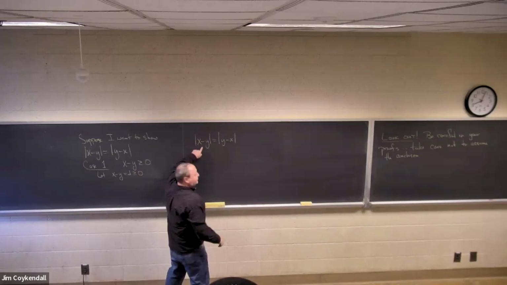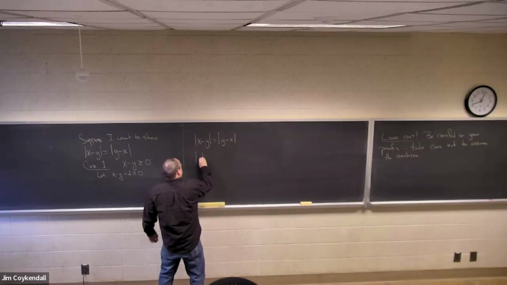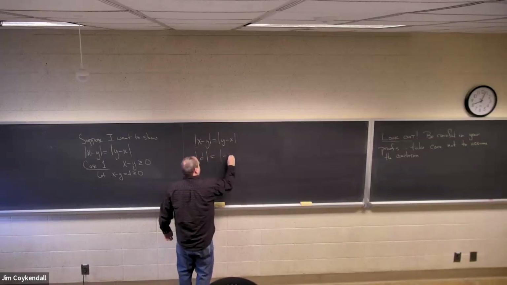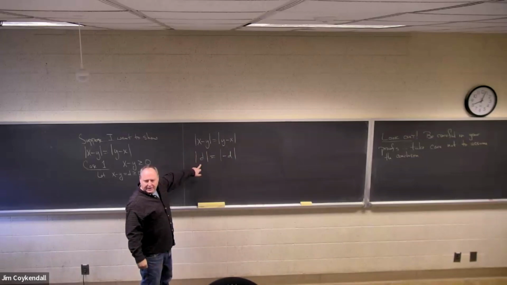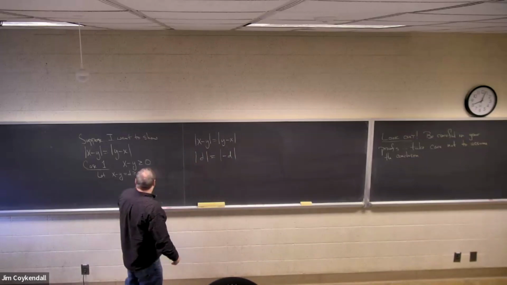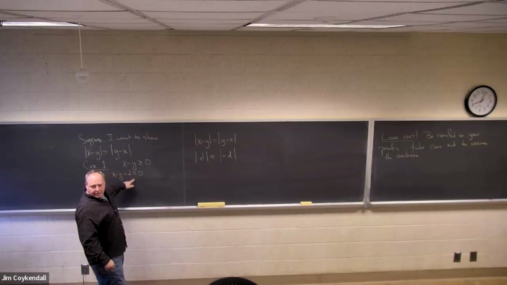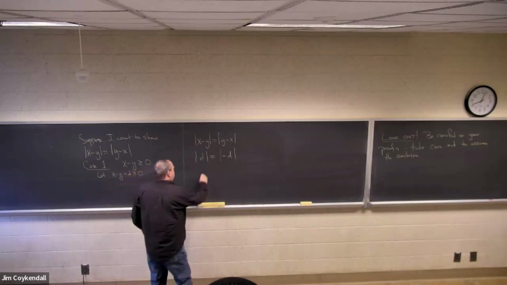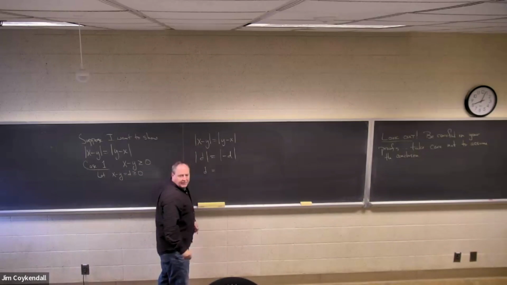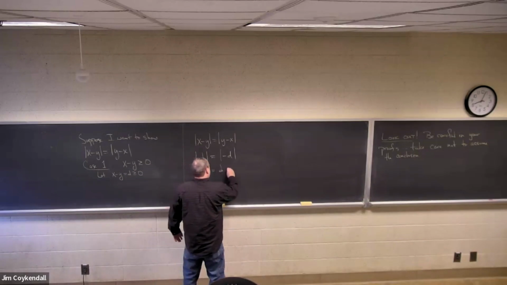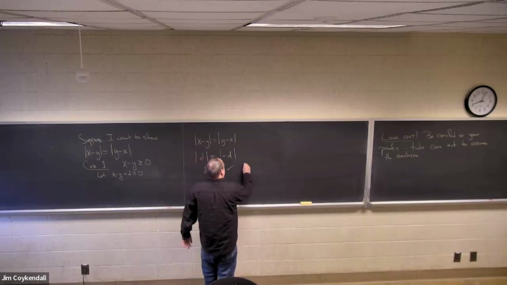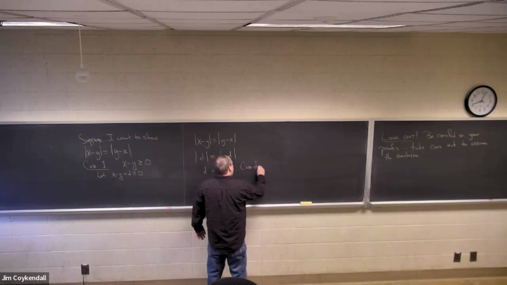Let's see here. That's d, right? And what's the absolute value of d? Well, since d is greater than or equal to 0, it's d. And what's the absolute value of negative d? Also d. Check. So case done.